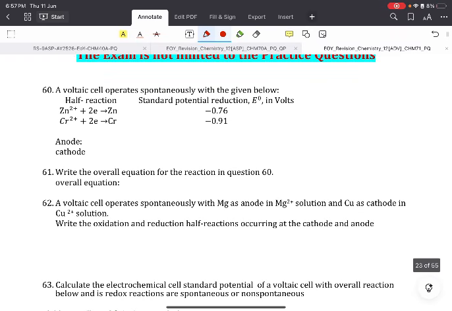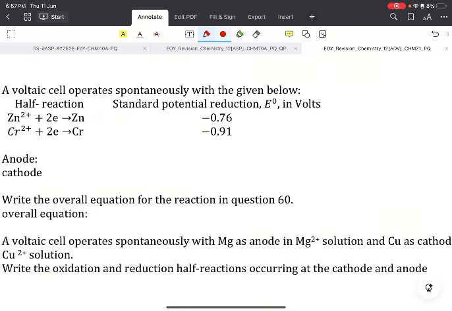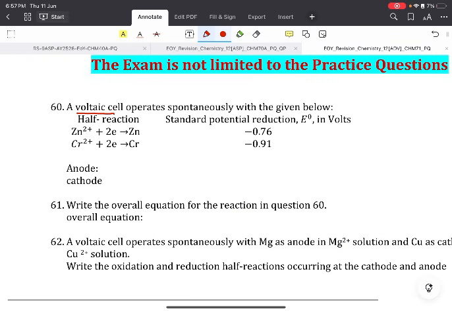Next, a voltaic cell operates spontaneously. So again, they've told me that this is a voltaic cell. So I'll tell you, I look at the voltages. The higher voltage is the cathode, the lower voltage will be the anode.